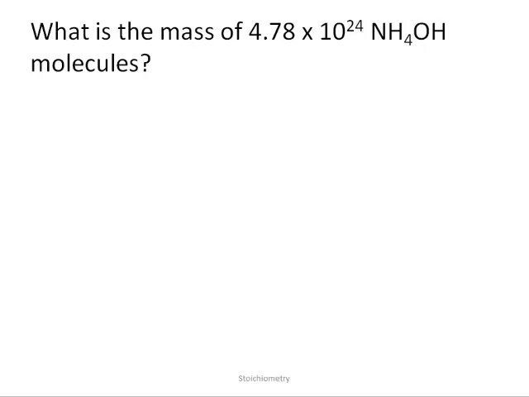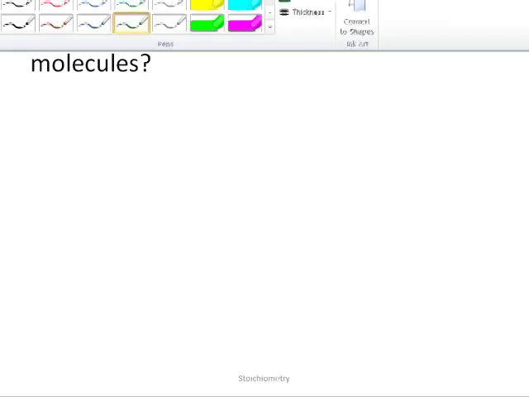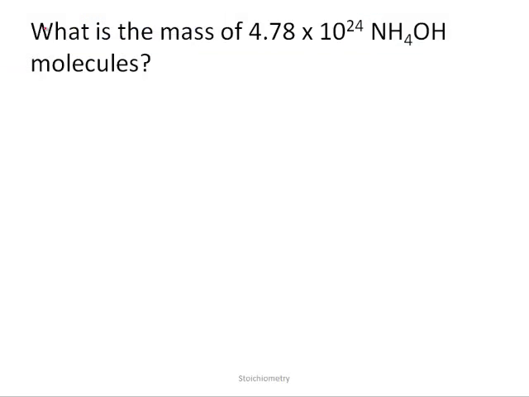Okay, so if we know the number of molecules of a substance, we can use those same conversion factors to give us an idea of how many grams that number of molecules would give us. Again using our conversion factors for molar mass, and again we might need Avogadro's number, which was 6.022 times 10 to the 23rd.